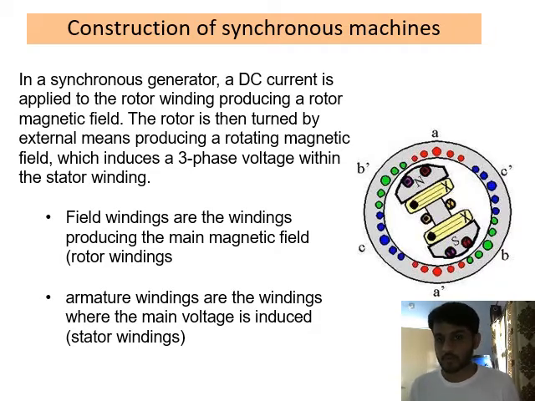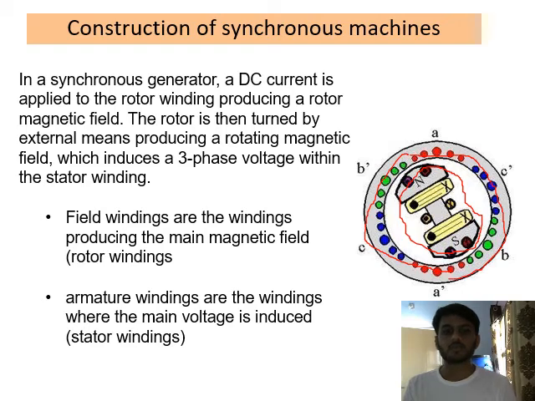So we have to turn the rotor by using some external means, and then we give the DC supply to the rotor. This is your rotor, and you excite it by using the DC supply, and this outer periphery is our stator part. In the stator part we have a stator winding.